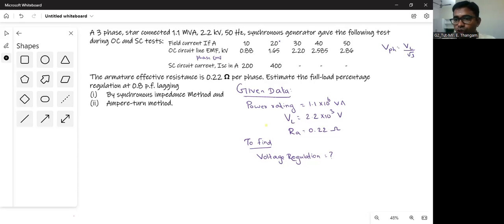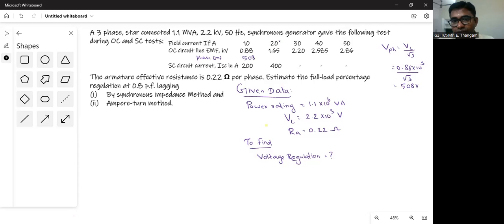So 0.88 into 10 to the power 3 divided by root 3. What you will get here is 508 volts. So for 10 amps, your value is 508 volts.